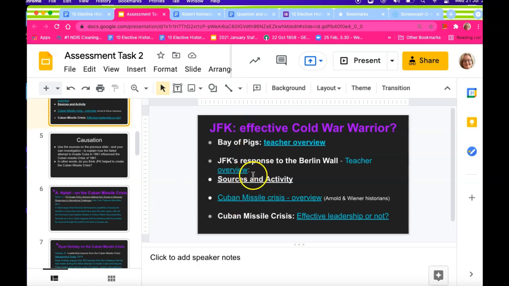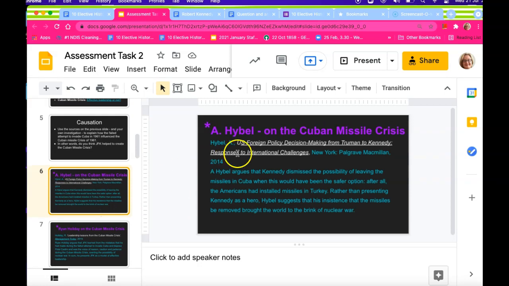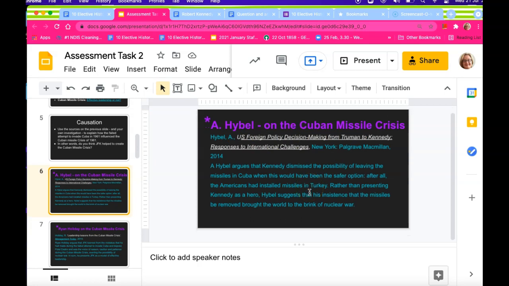More of an overview, and we've got some teacher summary sheets. The ones with the asterisk next to them are particularly useful. So Hybel on the Cuban Missile Crisis. He poses one argument and basically presents Kennedy as someone who was foolhardy and nearly brought the world to the brink of nuclear war.